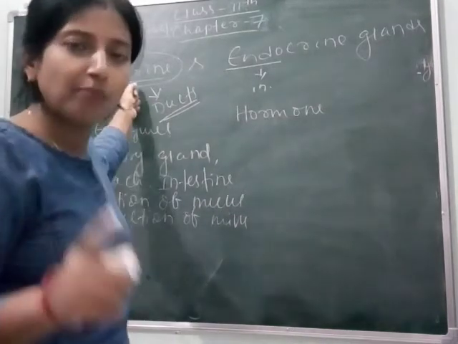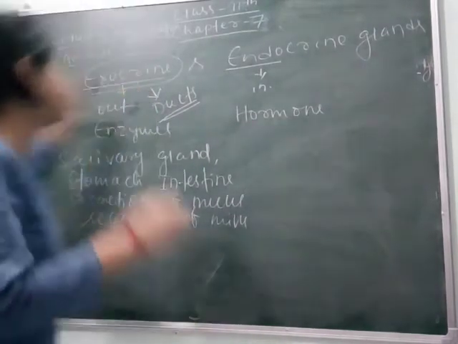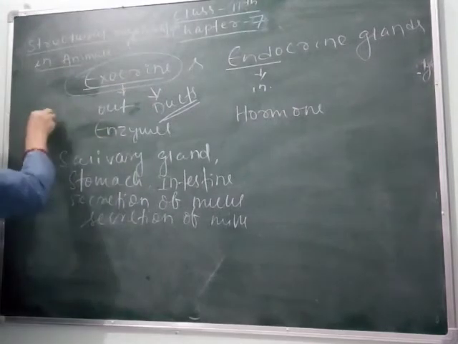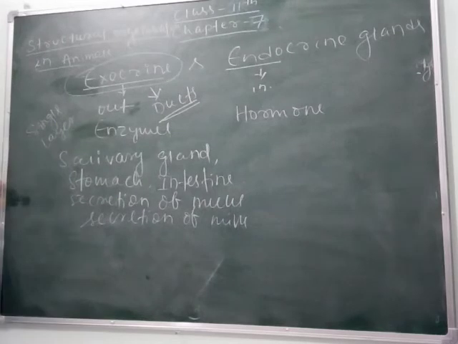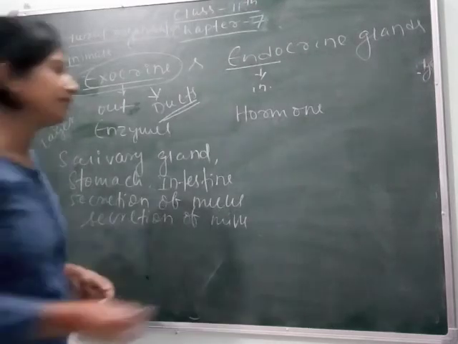These glands are made up of a single layer of cells. Clear? Exocrine gland is made up of a single layer of cells. And we can say an exocrine gland with a simple, unbranched duct is called a simple gland.